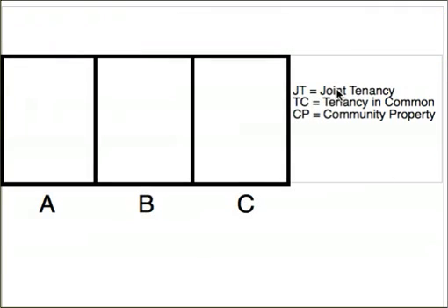With respect to joint tenancy, there is one deed with equal shares of ownership held by more than one tenant at the same time. So the terms of a joint tenancy, or even a tenancy in common, are spelled out in the deed or the title or other legally binding property ownership document.